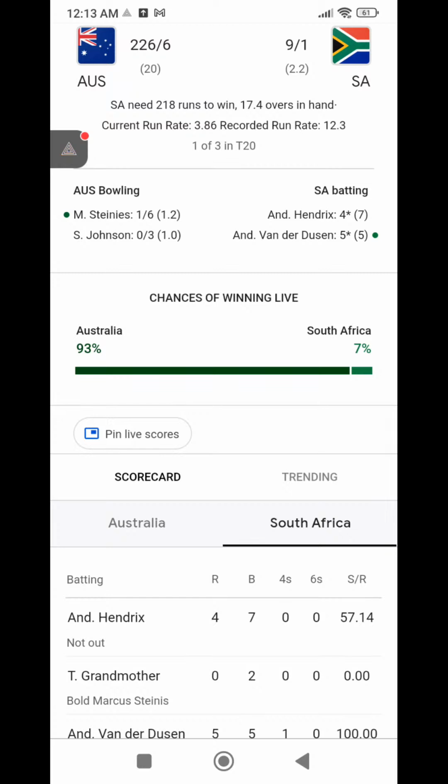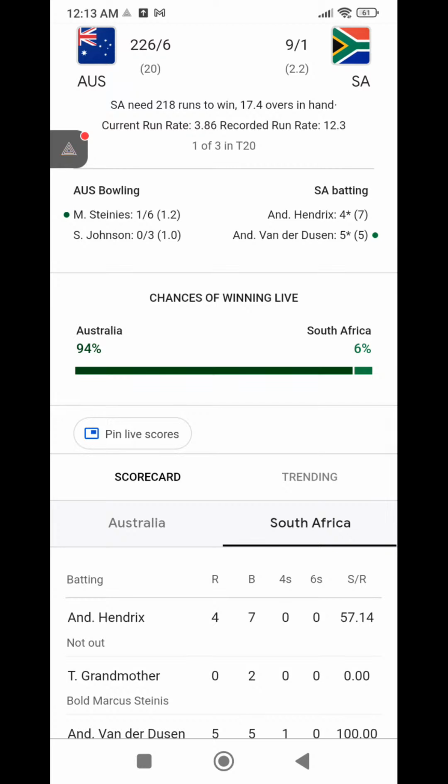So it's a good start to the Asia Cup by Pakistan. Tomorrow Bangladesh will face Afghanistan in the second ODI Asia Cup match, the first match of Afghanistan and Bangladesh.